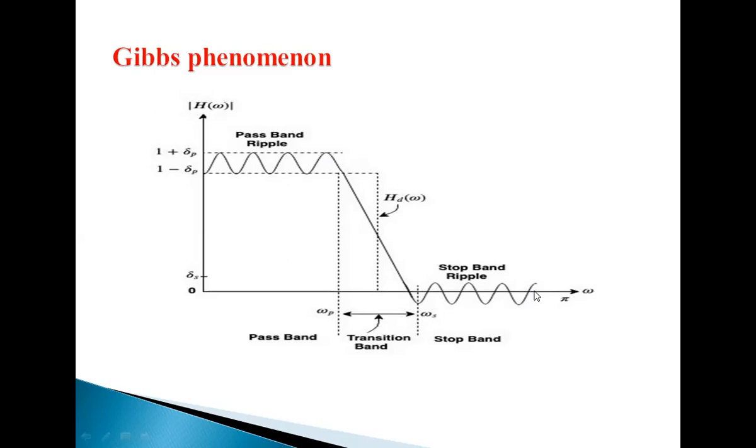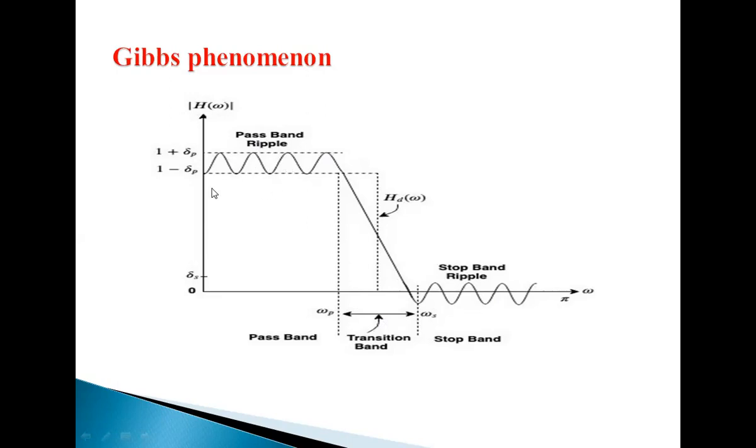This is what we are calling the transition band. As there are ripples, oscillatory behavior or ringing effect near the band edge of the filter, that's what we are calling the Gibbs phenomenon.